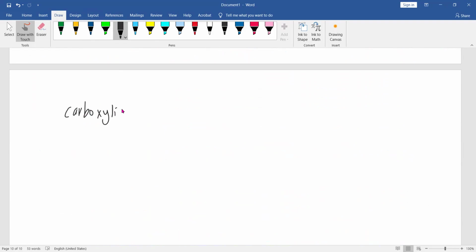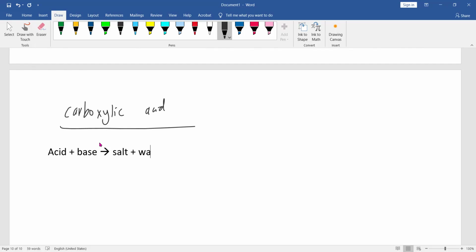So carboxylic acid is an acid. It can do the same thing acid can do. Acid plus base or alkali, you get salt and water. Acid and carbonate, salt, carbon dioxide and water.